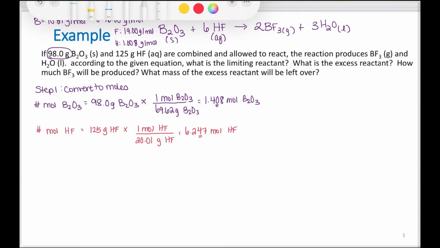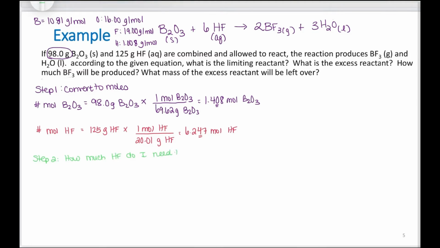Now that I have the moles of each species, I want to move to step 2. Step 2 is, how much of one species do I need to completely react the next? I want to ask, how much HF do I need to completely react 1.408 moles of B2O3?